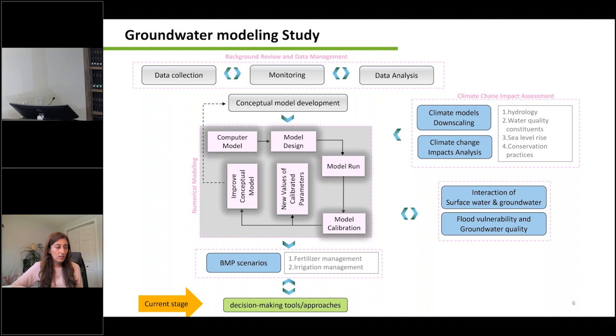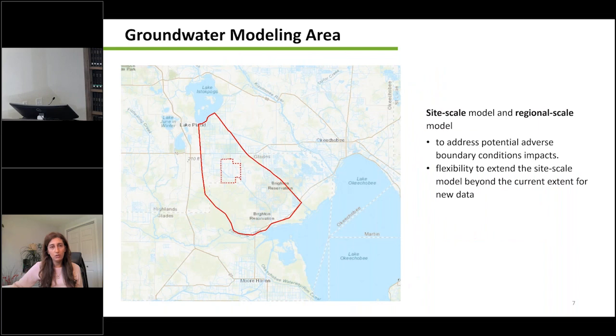So using this model, we could look at the impact of that amount of water on the system and its impact on water quality in different areas. So this was a summary of what we want to do and what we have done so far.